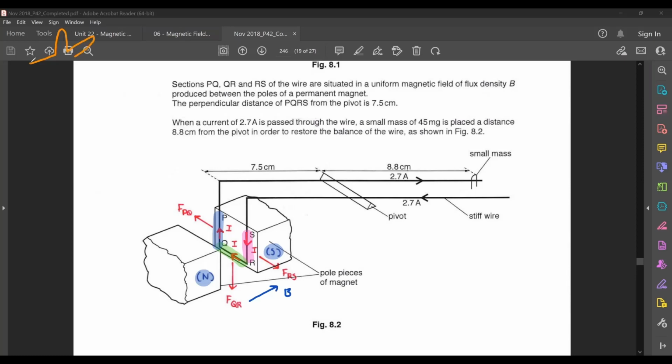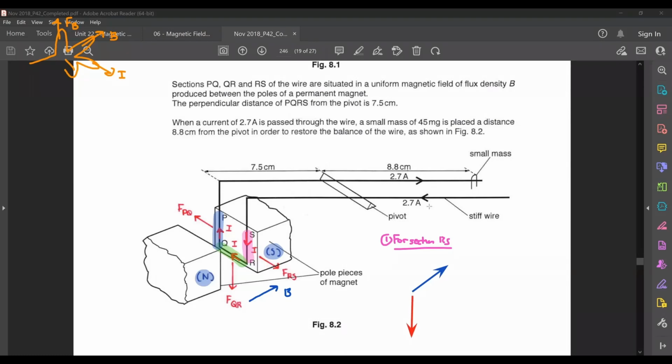You need again your 3 fingers here, your thumb being your magnetic force, your index finger being your magnetic field, and then your middle finger being your current. So if we analyze each section one by one, say maybe right now I say for section RS, the direction of my magnetic field is going to be like this, but the direction of my current is going to be like this.